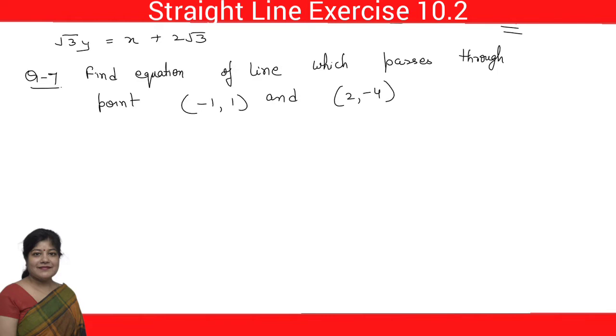Now when it is given that a line passes through two points, let them be P and Q, this is x1, y1 and this is x2, y2, and we have to find the equation of the line.